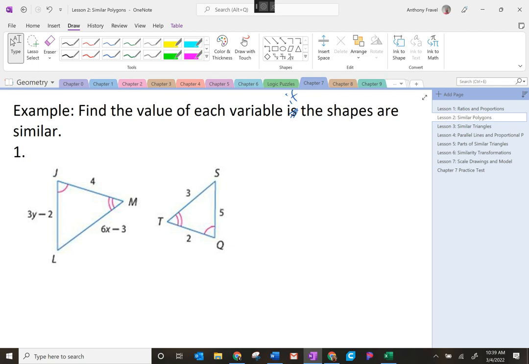I'm letting you know right now the shapes are going to be similar. With those shapes being similar, I can set them up with the same proportionality, so I can solve it using that same cross product style.